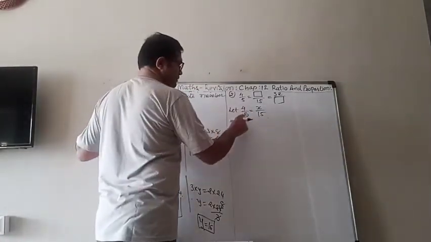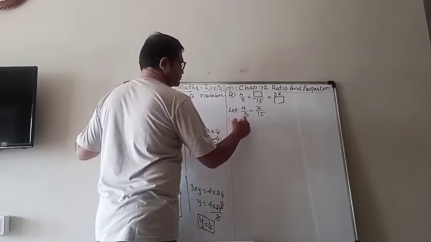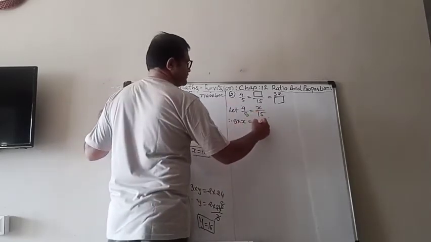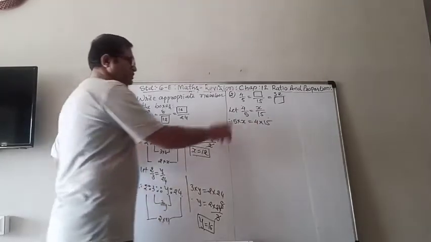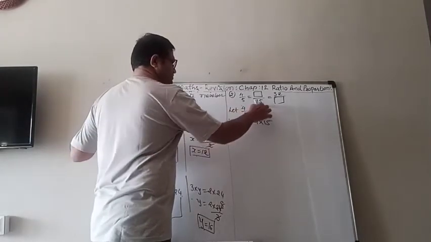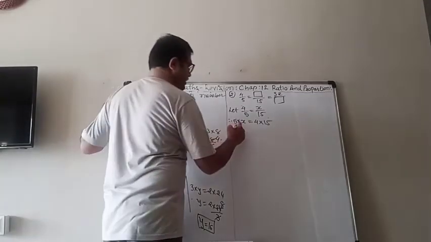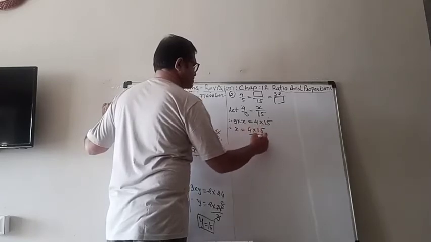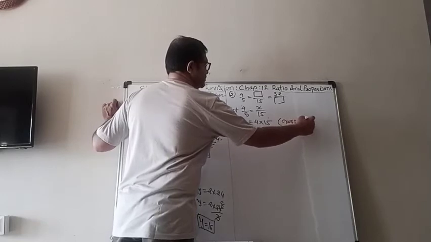When we do the cross multiplication, means 5 multiplied by x is equal to 4 multiplied by 15. Same thing it is also, because these are the extreme terms, these are the middle terms. So we get x is equal to 4 into 15 divided by 5. Here what did we do? We did cross multiplication.